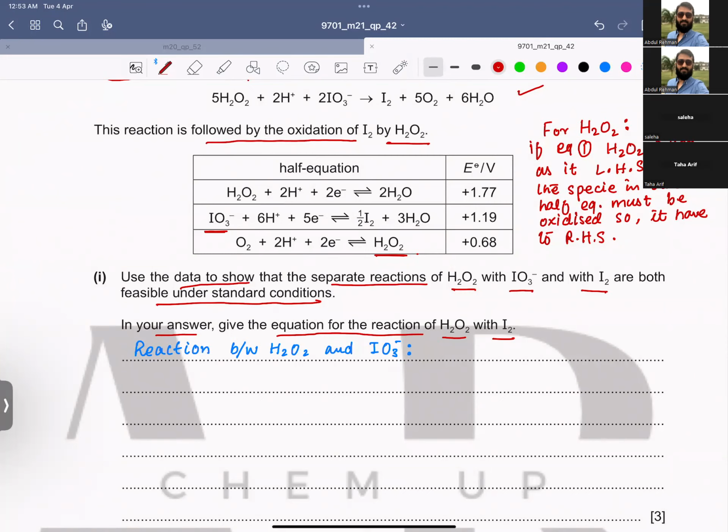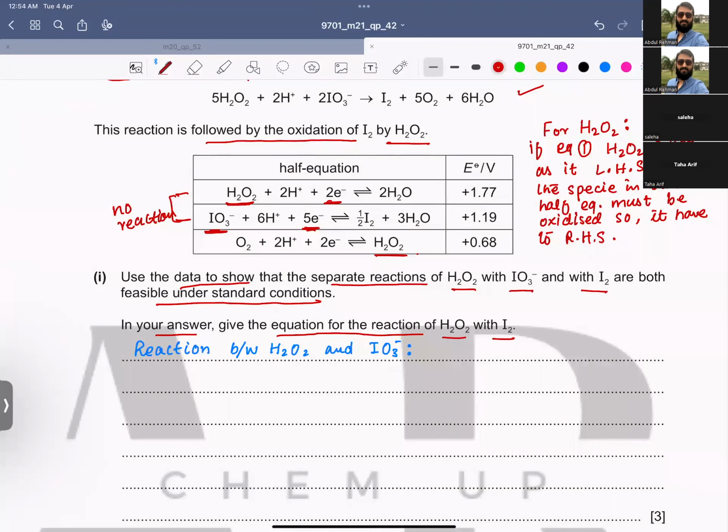So if I choose 1 and 2, there would be no reaction between H2O2 and IO3 negative in this case, because both are gaining the electron. So how is it possible that one gains the electron and the other also gains the electron?